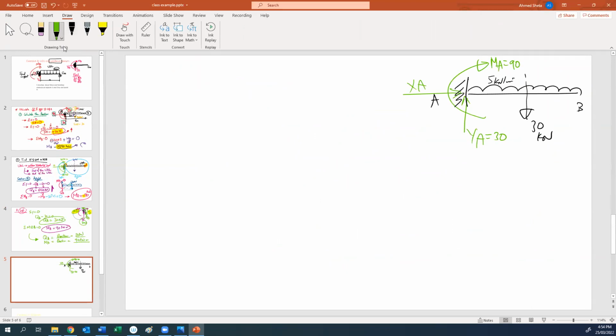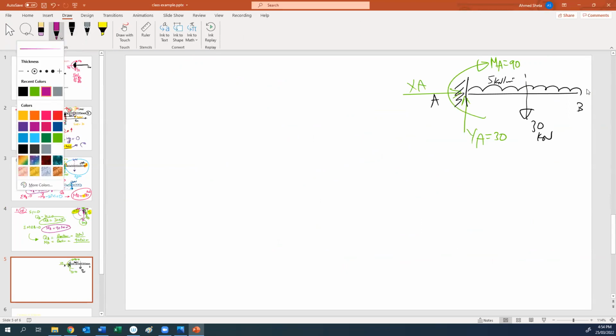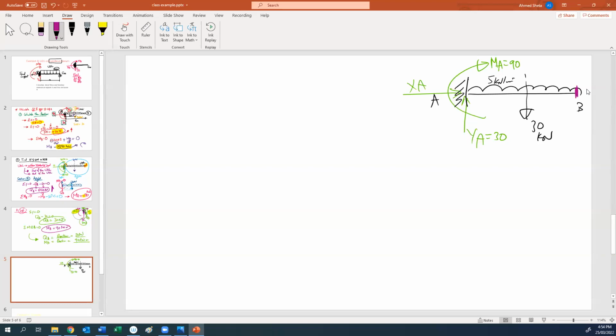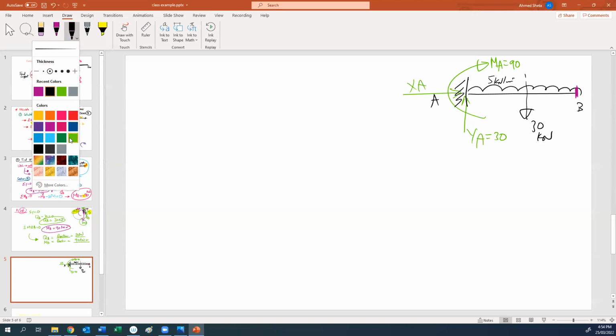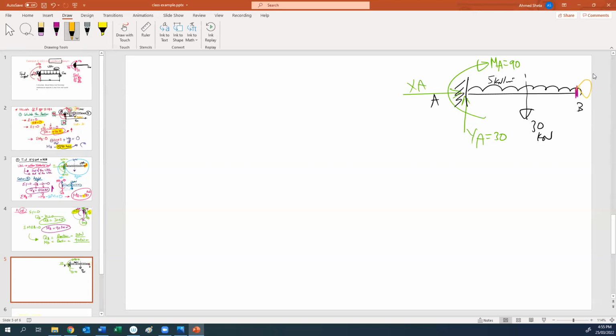So if we need to calculate at section B here, section B is subdividing the beam into two parts. We have the part from the right, which is space or nothing here, and the part from the left. Which is easier to study, from left or right?